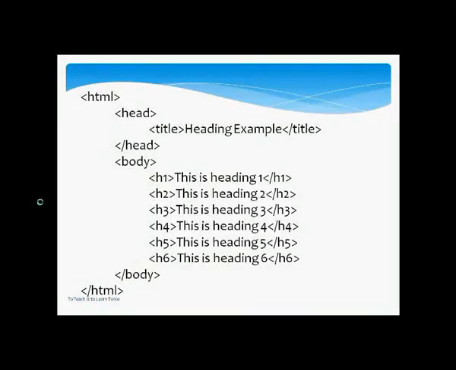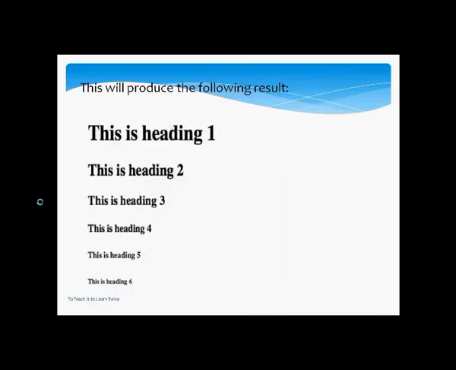The writing style will be like this. You have seen how I write it, right? When H1, this is a heading. In H2 also I have given the same thing, H3, H4, H5, H6 and the body. After writing this tag, we will be saving it and we will execute it. And children, after executing, we will be seeing this type of output.